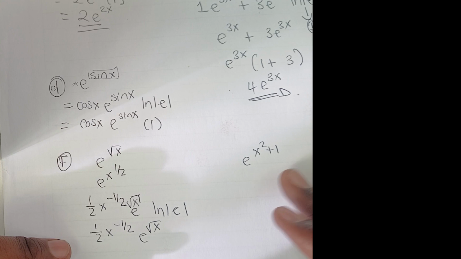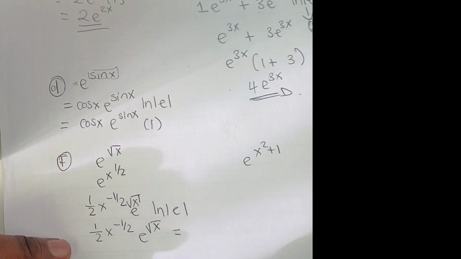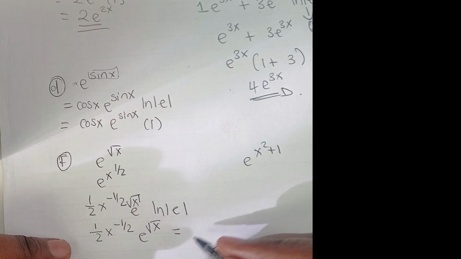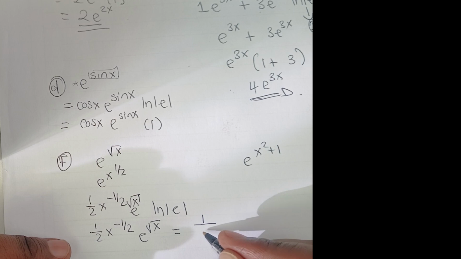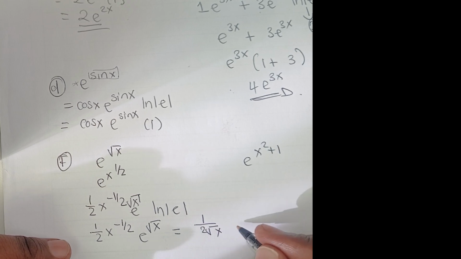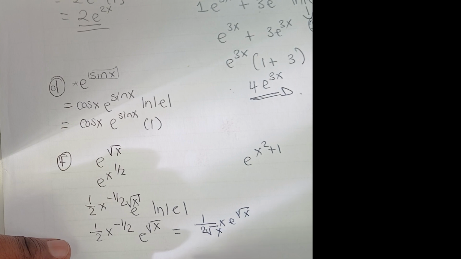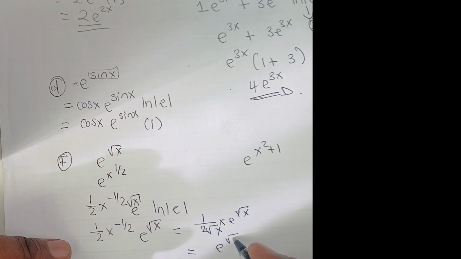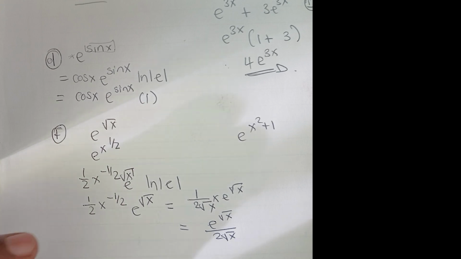And from there, obviously, we have to make sure that we destroy this negative. Then it's just going to have 1 over 2 root of x. So it's just going to have e to the root of x divided by 2 root of x, right? So that's how it is.